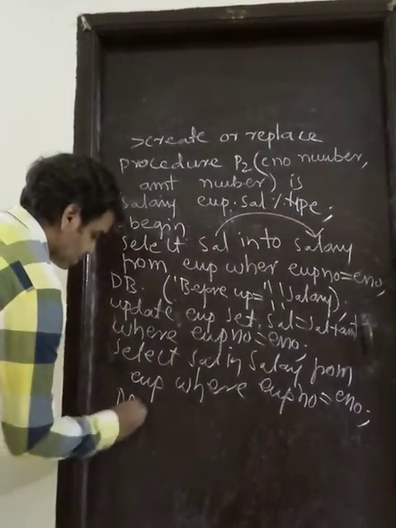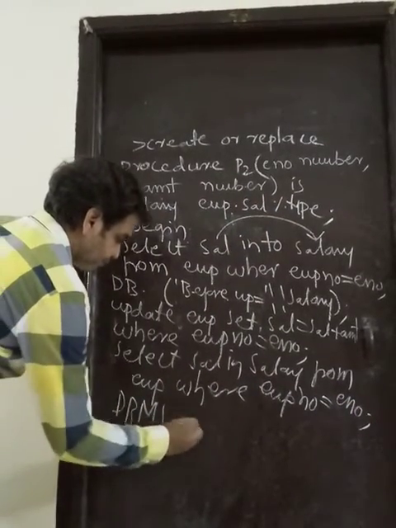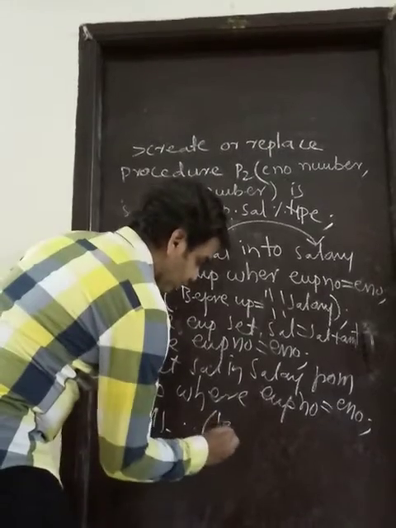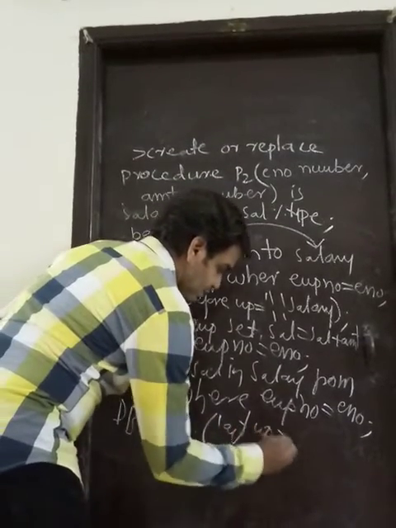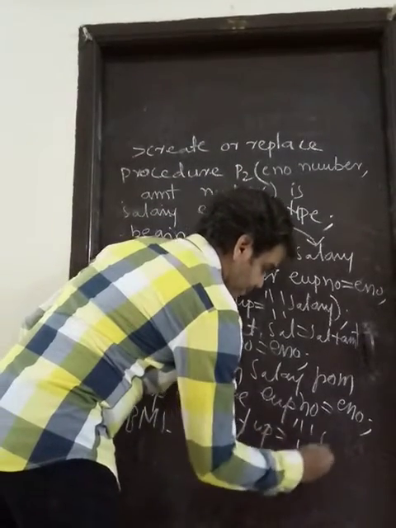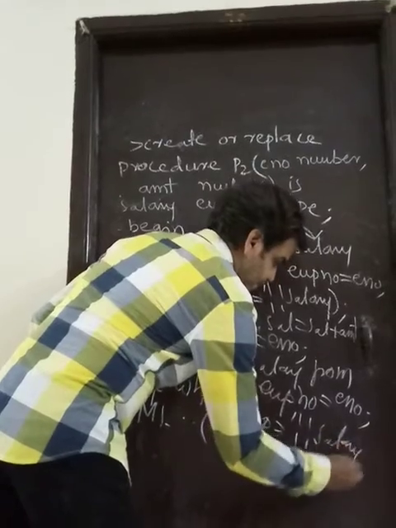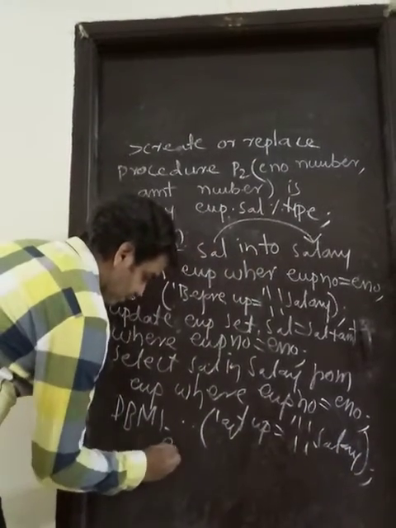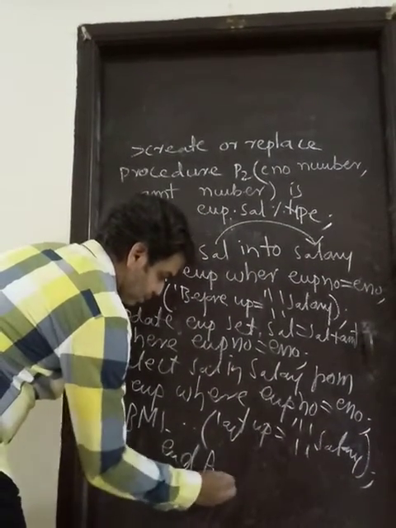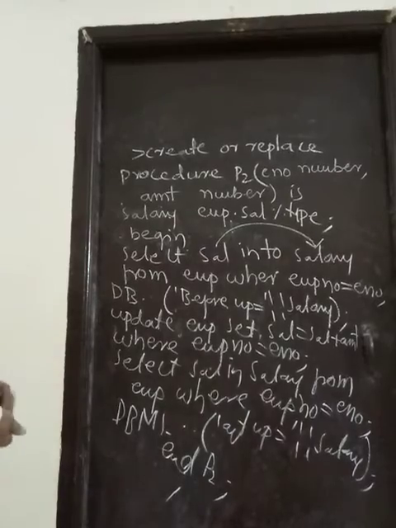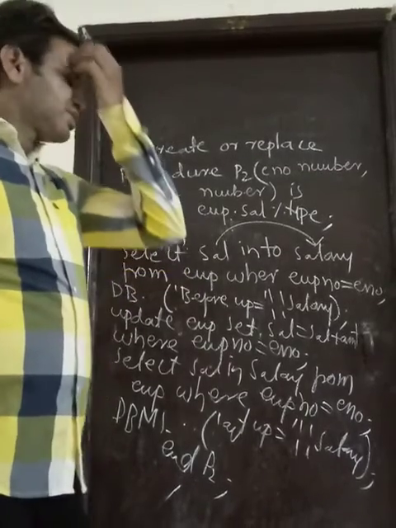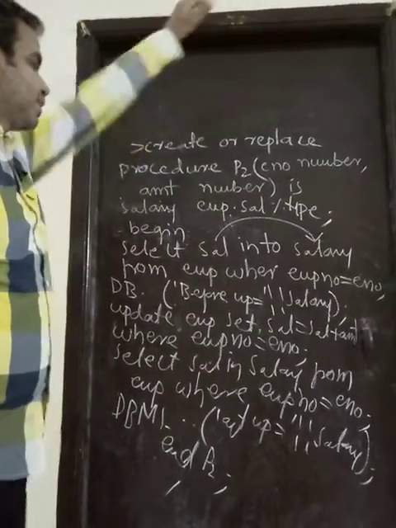So dbms underscore output dot put line, after updation is equal to salary, then end procedure p2 slash. So here before updation we are displaying, after updation displaying.